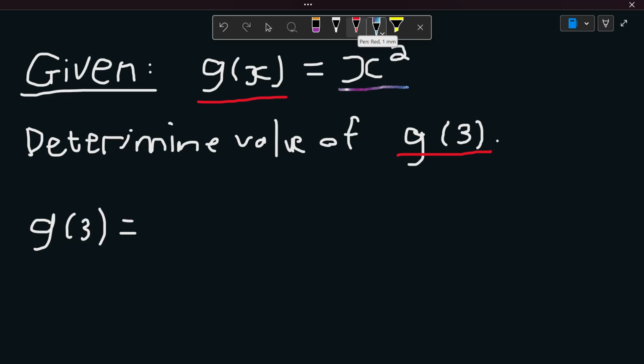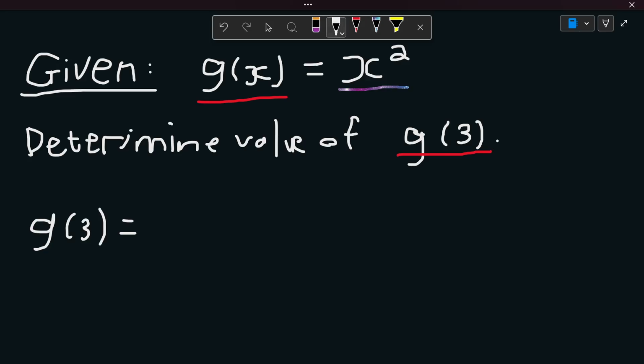We are inputting 3 into the function, and then the 3 is replaced with every single x in the equation. And then the output will be the numerical value of the answer. That is what functions are.